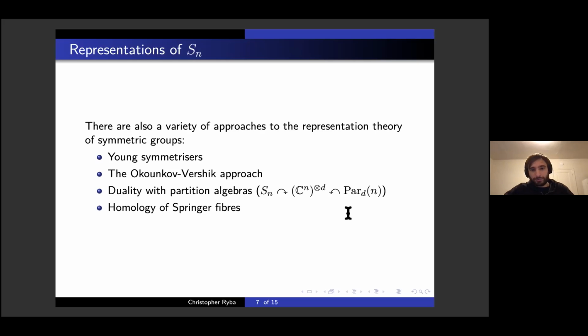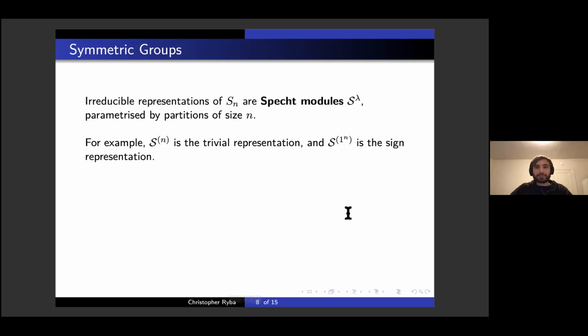So I want to mention something about the actual representations of symmetric groups, as I did for general linear groups. So I'm going to describe them or index them by partitions of size n, where n is going to be the parameter of my symmetric group. So these Specht modules, which I'm going to denote with a script S, are parameterized by partitions of a particular size with no restrictions on the number of parts.